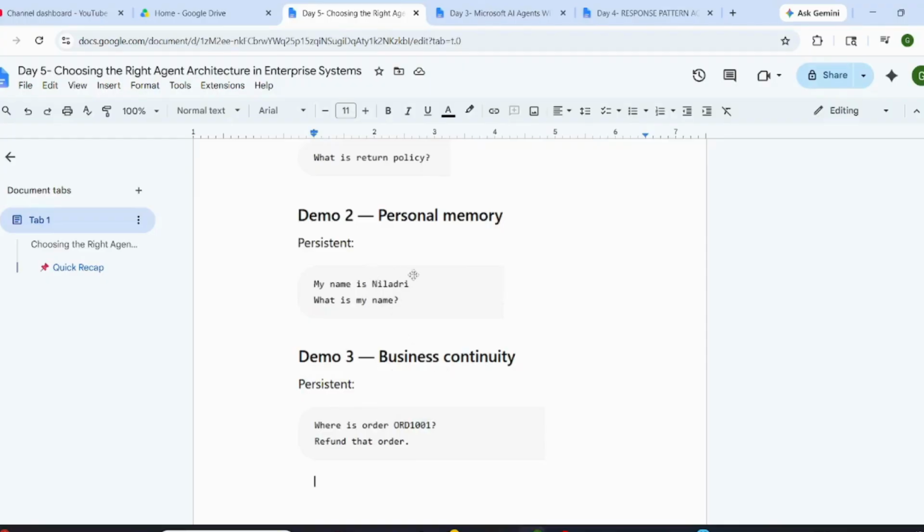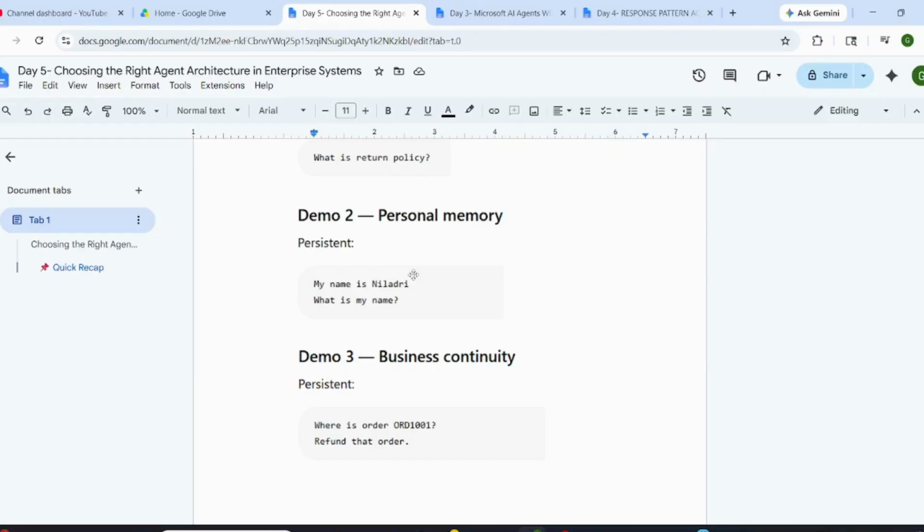And even if you are making persistent but not using the thread, or you are changing the thread, then also you can't remember. So without thread, even though you are using the persistent SDK of the Microsoft AI agent, it will start behaving almost like a stateless response pattern.